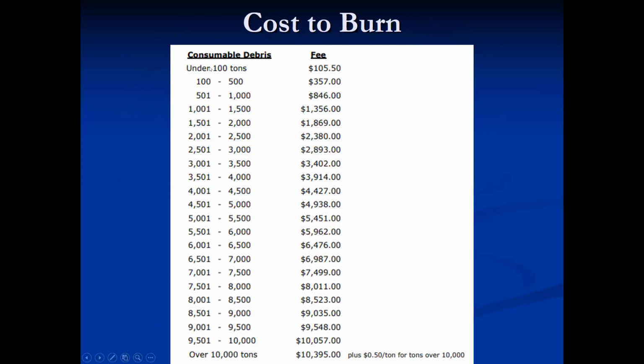Most private landowners who haven't undertaken their own timber sale end up in the 100-ton category or sub-100 ton, and it's $105.50. Once you get above that, then it starts getting substantially more.